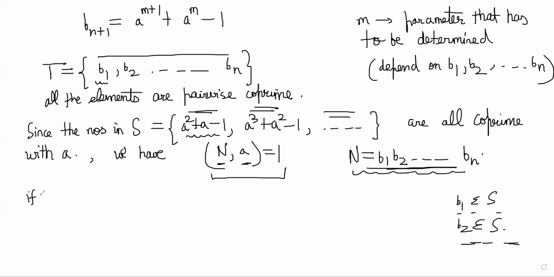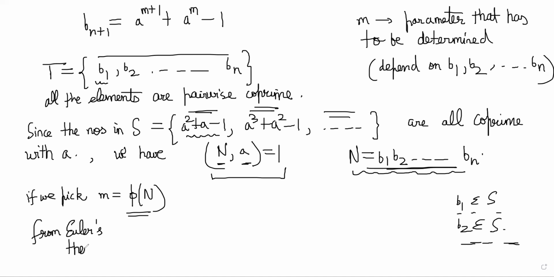If we pick M to be phi of N, here phi is the Euler's totient function, then from Euler's theorem, we know that A power phi of N is congruent to 1 mod N, right?